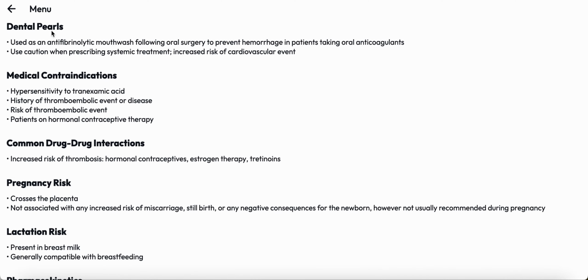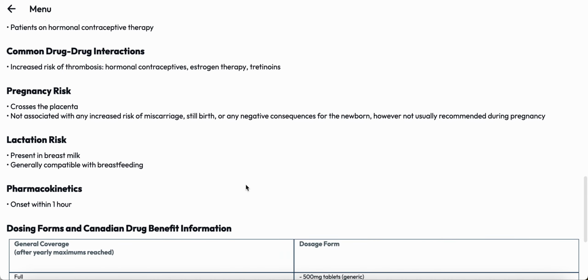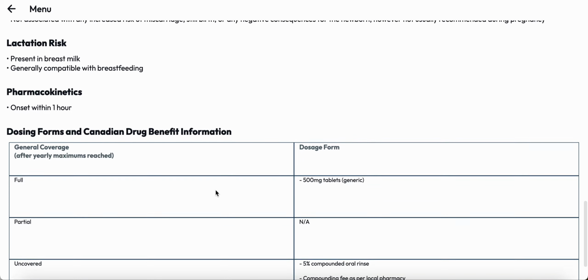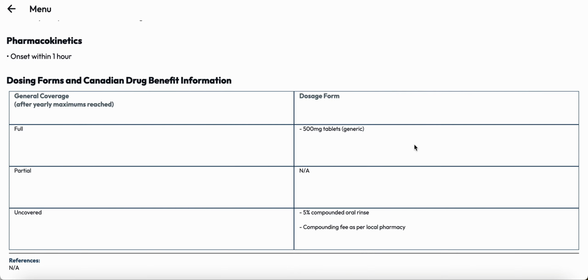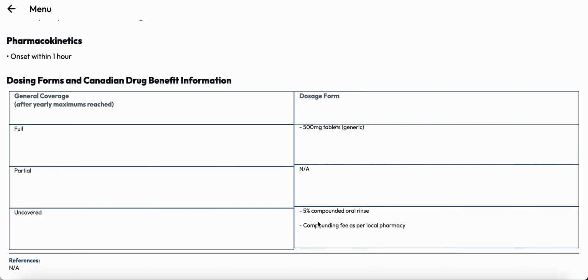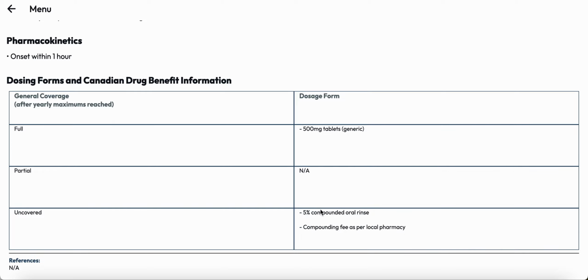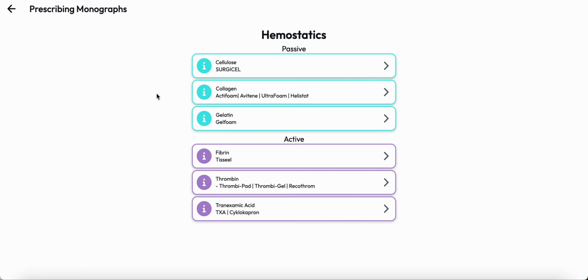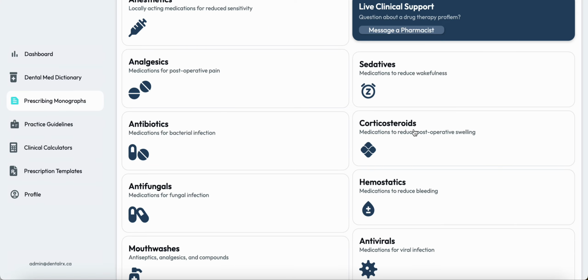We can also go here, take a look at any pearls, contraindications, any interactions, are they at any of these risks? And then lastly, we can see what might be covered with the Canadian Drug Benefit information. And we see that we might actually have to compound this rinse at the pharmacy and get that covered through the pharmacy, and whether the clinic would be willing to pay for that or not.